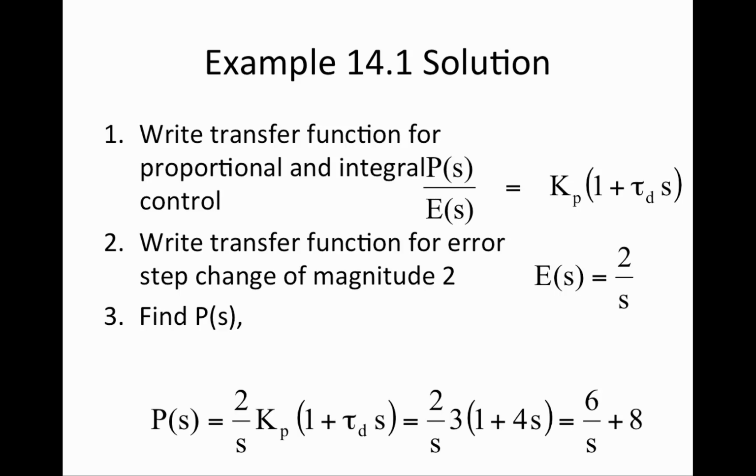So we know that ES equals 2 over S. Based on ES and the PS over ES, we can now deduce what PS is, which we show here. PS equals 2 over S times Kp times 1 plus tau D S, which in the end gives us 6 over S plus 8.